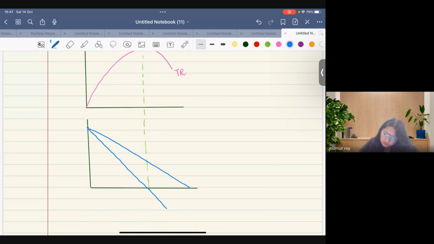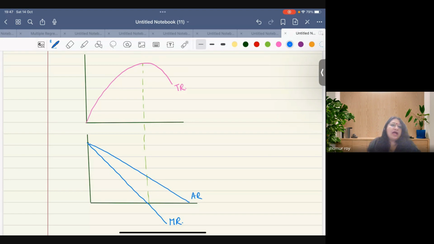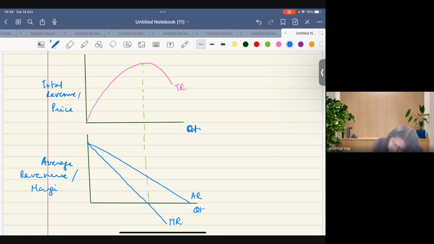We will deal with these two curves later also. So here we just want to study the elasticity concept. In this case, you have quantity on this axis, and here we are studying total revenue, and here we are studying average revenue and marginal revenue.